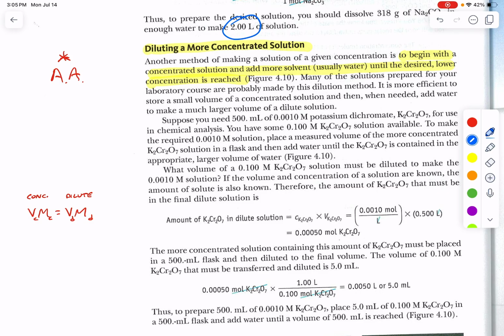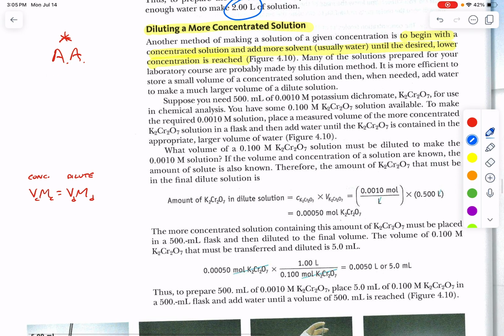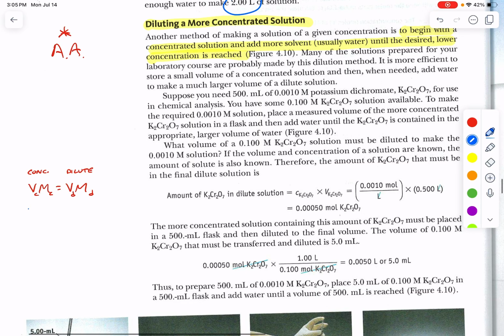Now, let me back up. If I need to dilute a solution, I'm going to use the same equation: VM equals VM. VM stands for moles, so moles equals moles. I'm not changing the number of girls in the classroom.